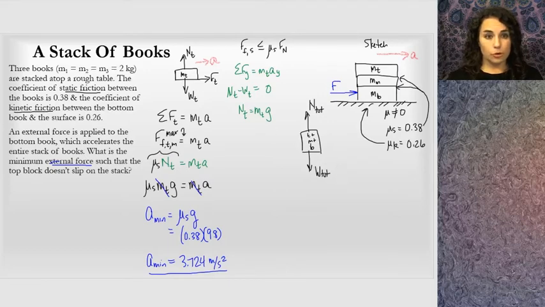The blue force is still being applied, so we have F. It's being applied to the bottom block, but when I draw the whole system, it doesn't matter where I draw it on there. And the last thing I need to put on here, remember that there's friction down here with this surface, so that there's some sort of resistive force of friction, which is kinetic down here, force of friction kinetic, because the bottom block is moving relative to the surface that it's on, and it will oppose that motion.